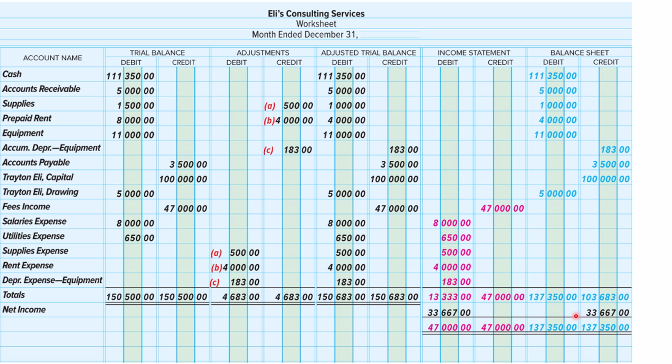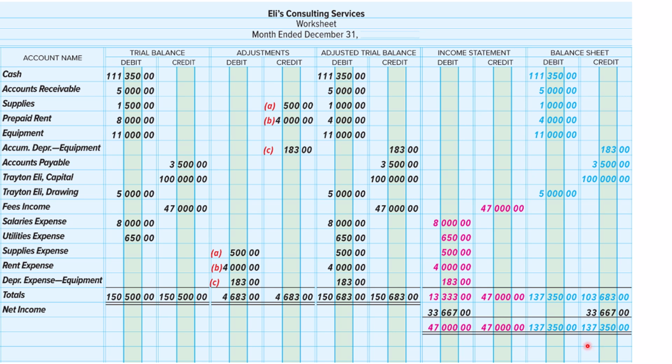You start first in the income statement columns by subtracting the expenses from the fees income and enter the net income amount into the debit column, and then you total the columns. You also enter the same amount, the net income, into the balance sheet column as a credit, and when you total the balance sheet columns, they should balance as well.